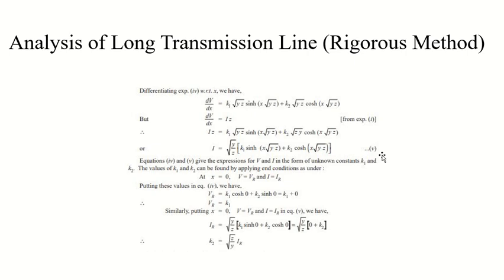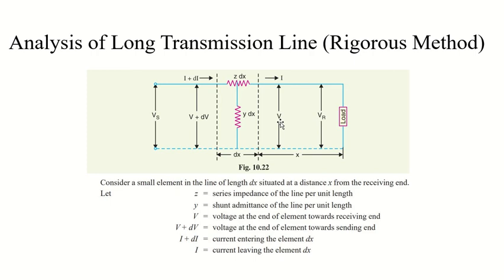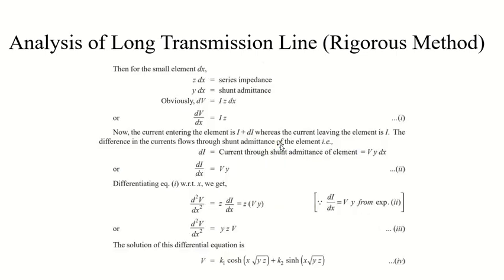So let's consider x equals 0: my V will be VR, and the current I coming out of this dx element will be IR, right?